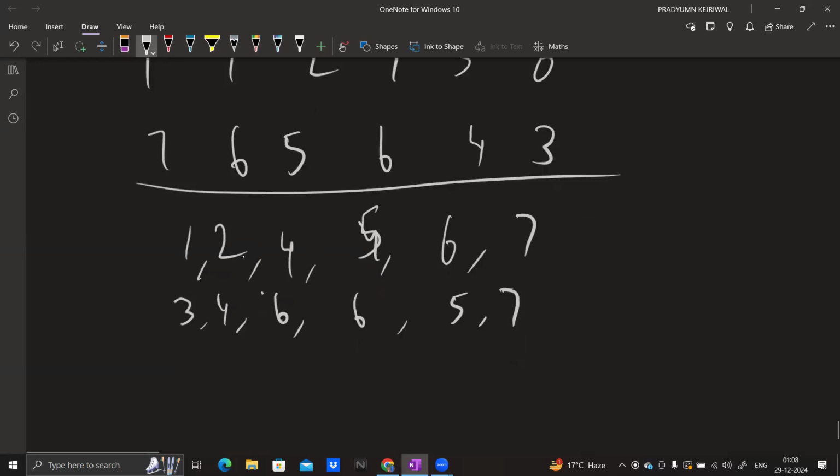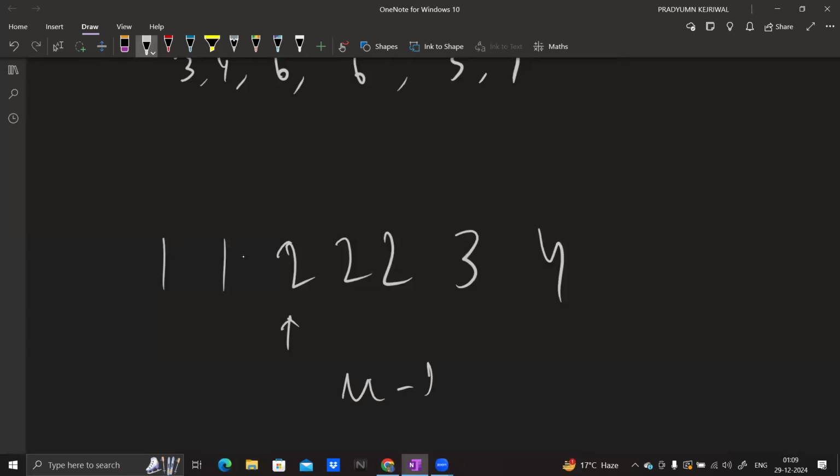Basically what I'm doing is, let's say I have 1 1 2 2 2 3 4, and let's say I want to increase an element which is 2. Then what I'll do is I'll just find the last 2 using upper bound of 2.